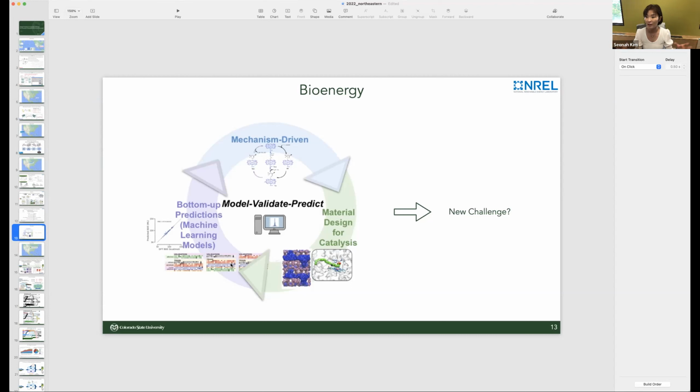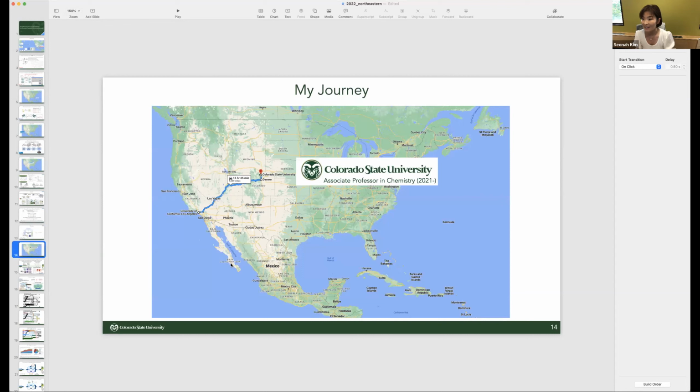That kind of freedom is very important for me research-wise. So that's why I decided, okay, maybe I can try an academic career. So that is how I decided to apply for faculty jobs. So I applied to many places, and then finally, I got an offer from Colorado State.